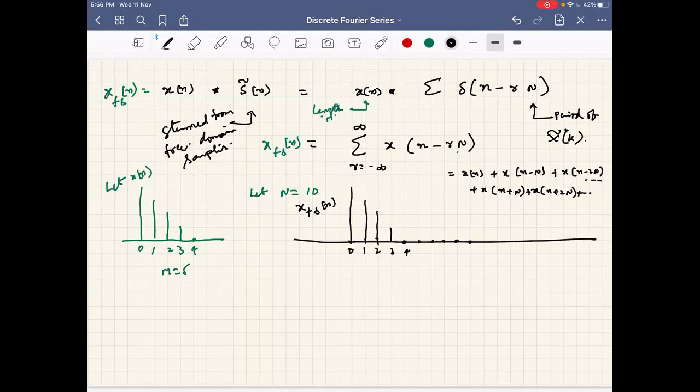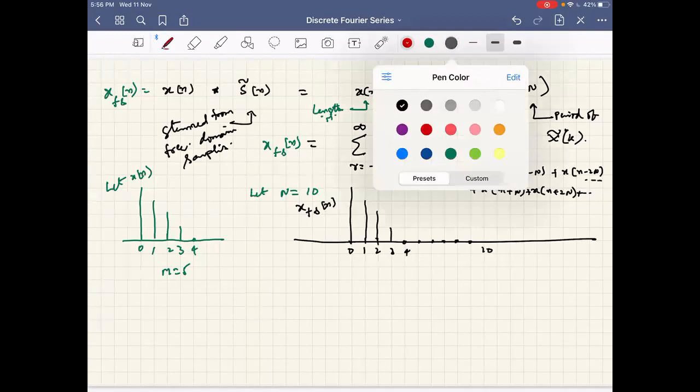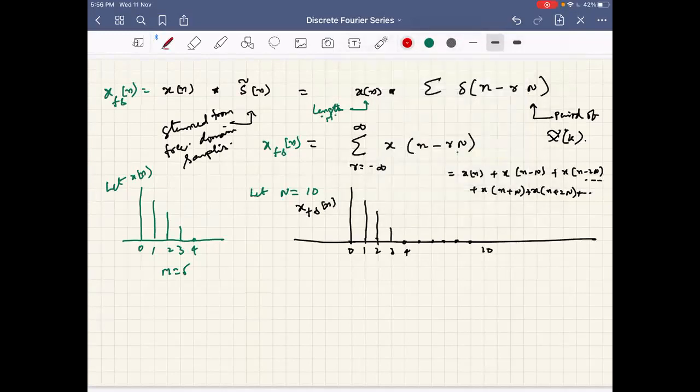Right. And now where does it repeat? At capital N equal to 10. So it will repeat at 5, 6, 7, 8, 9, 10. So I will sketch the repeated signal with a slightly different color, just to differentiate.